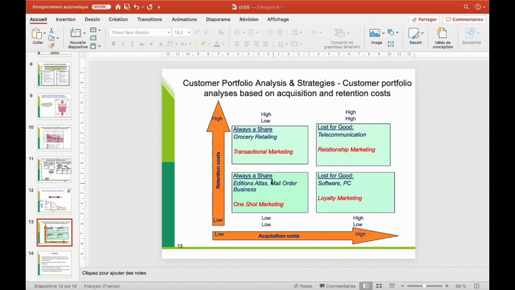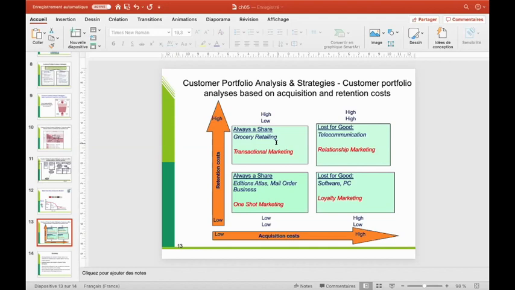Retention marketing does not make any sense, and it is similar in grocery retail, because actually the acquisition costs for customers in grocery retail are very low, because customers buy mostly due to geographical proximity. And so in these contexts, traditional transactional marketing might still be relevant.